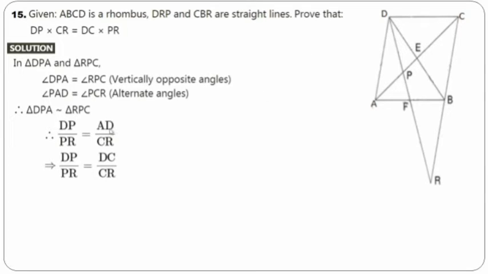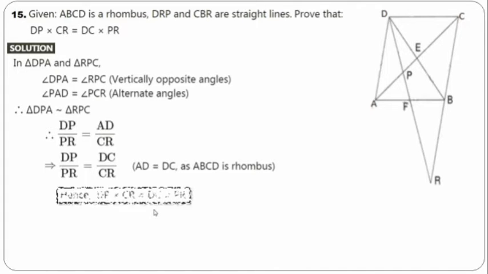You know why? Because AD and DC are sides of the rhombus, and you know that all the sides of a rhombus are equal to each other, isn't it? So AD will be equal to DC, as ABCD is a rhombus. So in place of AD I have written DC. Now do the cross multiplication. So you get DP into CR equals DC into PR, and that's what we wanted to show.